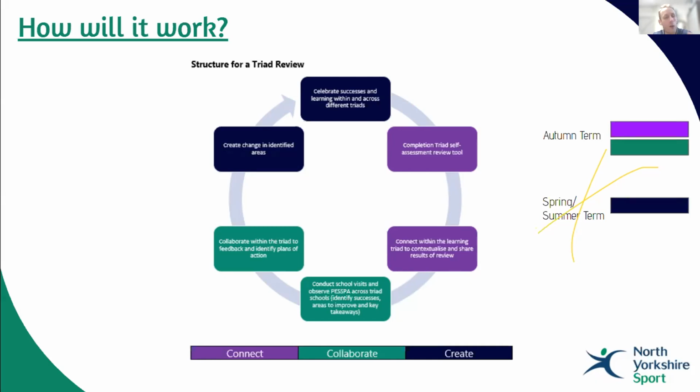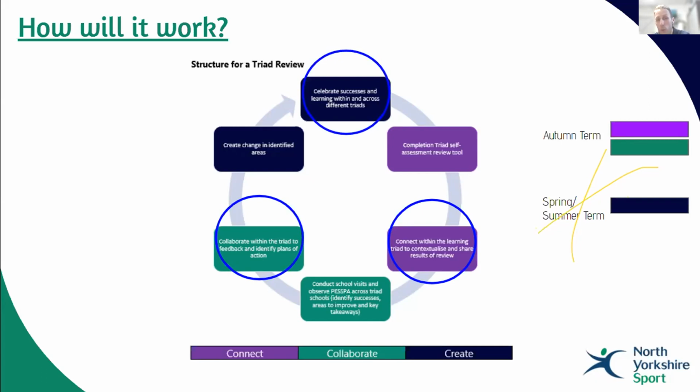Now, throughout this cyclical process, there's 3 touch points with me at these areas here. So connecting to begin with, it'll be myself, you, and the other 2 schools who are involved. There'll be another connection point when we collaborate and we set goals for ourselves as to what that might look like. And then finally, we come together at the end of the academic year to celebrate any successes that happen within that period of time.